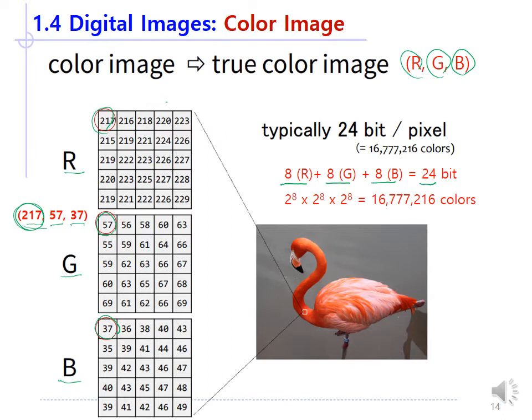So there are 2 to the power of 8 times 2 to the power of 8 times 2 to the power of 8, total 16,777,216 colors.